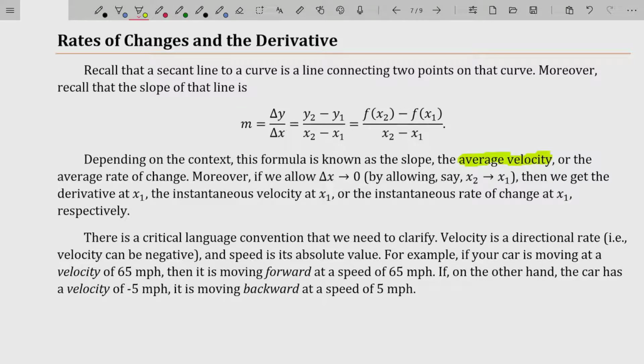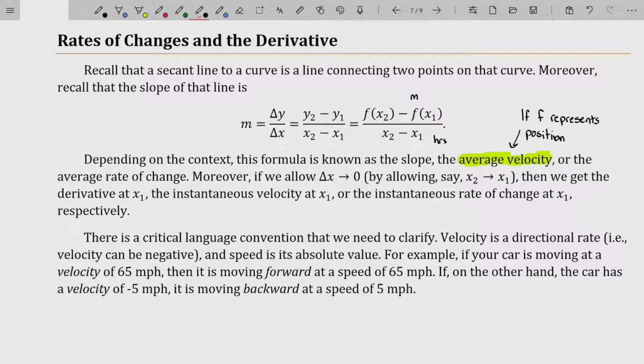It's the average velocity if your function represents a position. A position is measured in distance, so your position might be so many miles away from something, and then the input could be in hours. So the numerator, the output, would be in miles, and the denominator would be in hours.